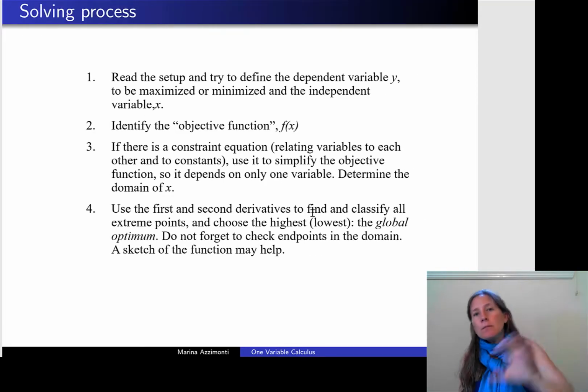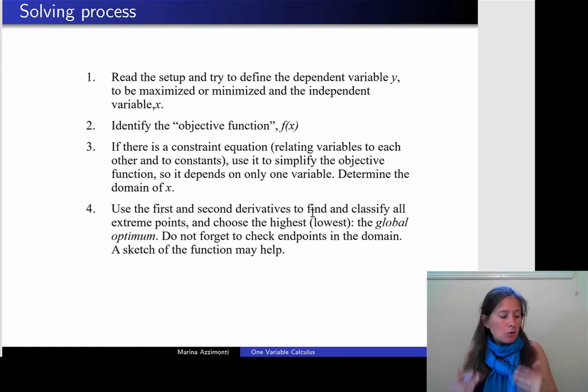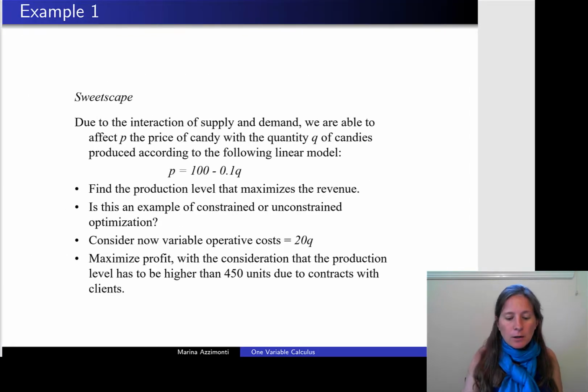Let me talk a little bit about how the solving process works, and then we'll go to actually solve this specific problem. So how do you set up your maximization problem? First, you read the setup and you try to define what your dependent variable is. What do you want to maximize or minimize? In our example, you are being asked to find the production level that maximizes revenue.